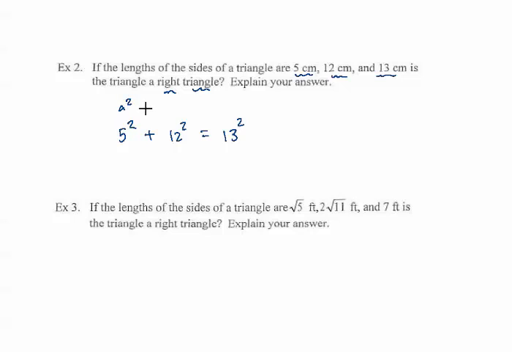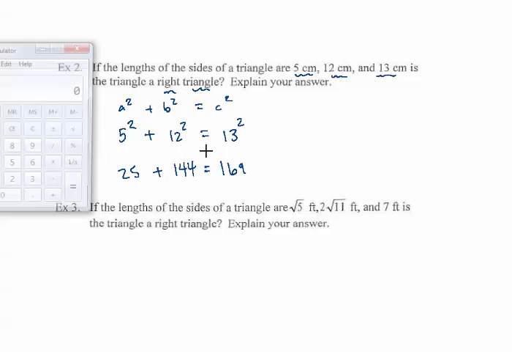Okay, a squared plus b squared equals c squared, and automatically I picked the biggest number to be our hypotenuse, because if these do form a right triangle, then the longest side is going to be the hypotenuse. So 13 squared gives us 169, 5 squared gives us 25, and then 12 squared is 144.